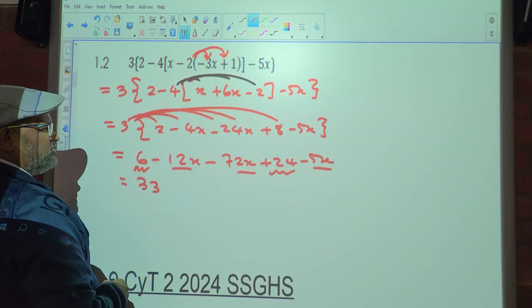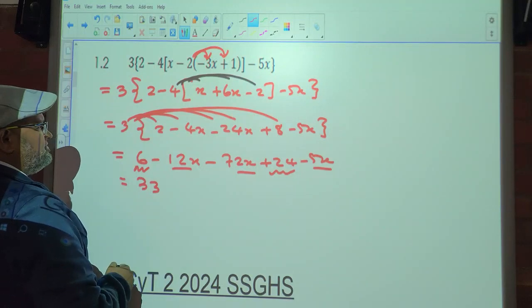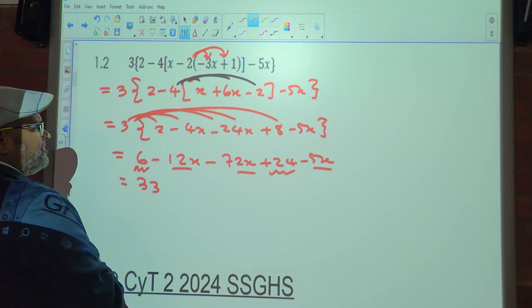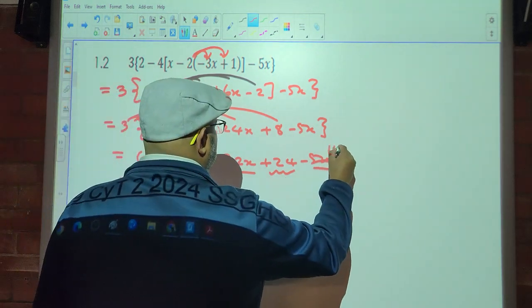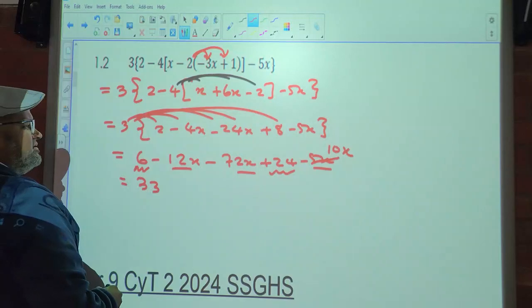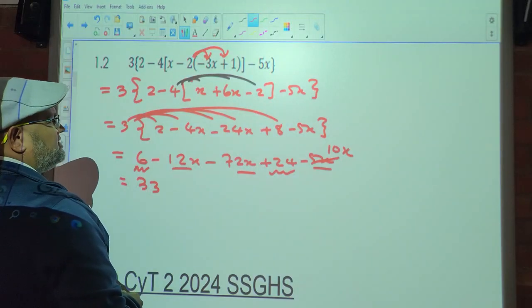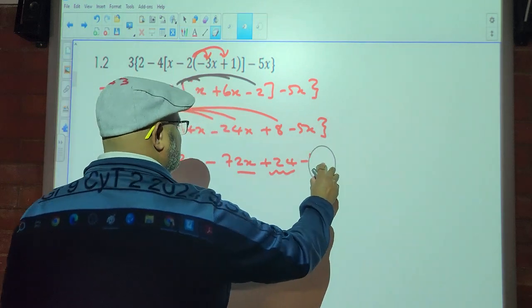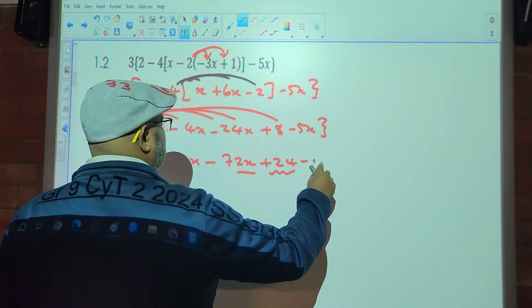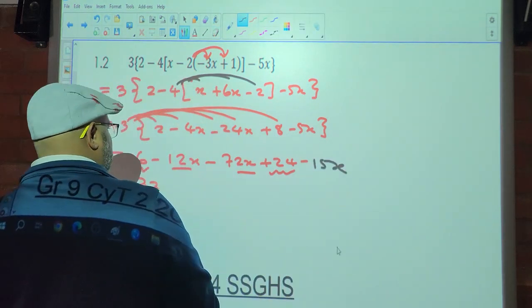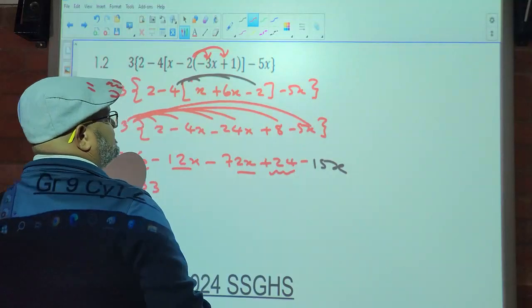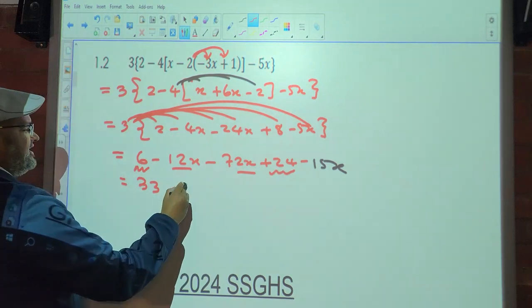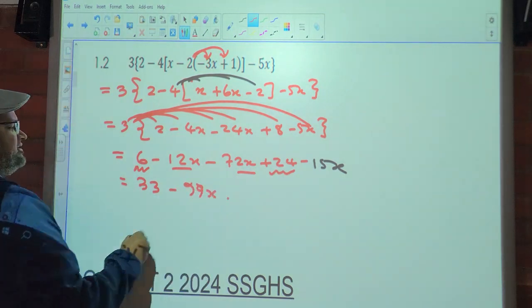84x. Is that correct? No, I made a mistake. Where is my mistake? Oh, it must be 10 here. Is that correct? No, 15. 15. Sorry about that. You see, I didn't put a line here. That shouldn't be an excuse. No? Anyway, it gives me then negative 99.